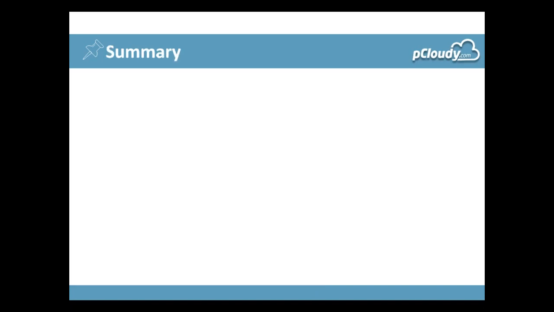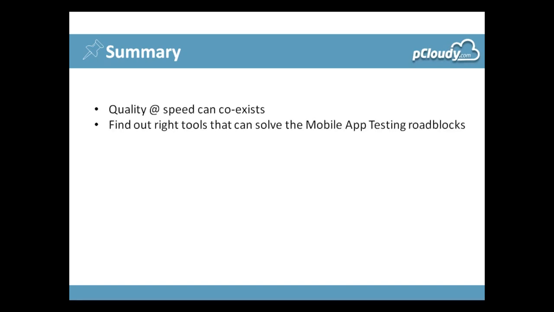So this kind of concludes the agenda that I had in mind. And to summarize the discussion in a nutshell, one of the important tasks that we are seeing increasingly is how do we achieve quality at speed? And in the context of mobile app, it becomes extremely important to crack this conundrum.